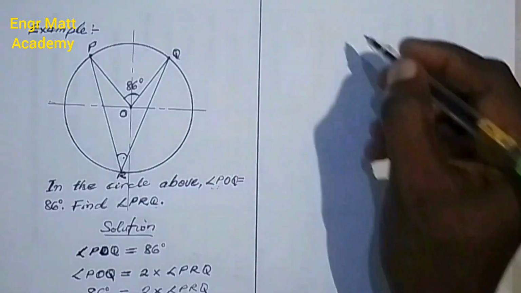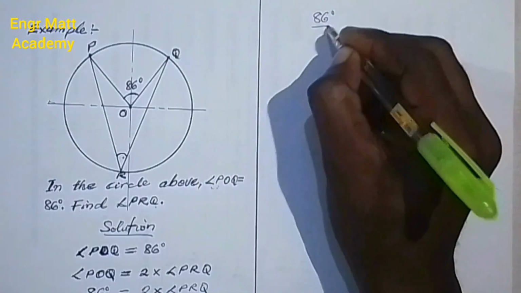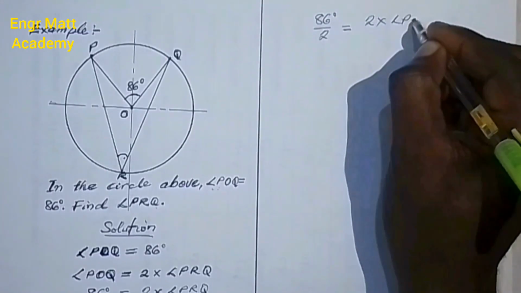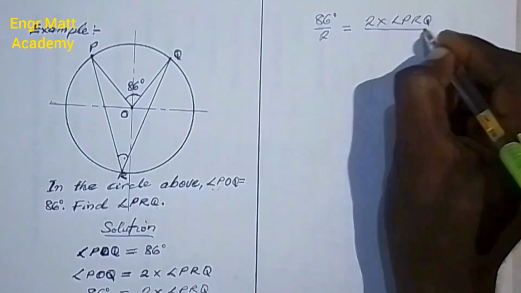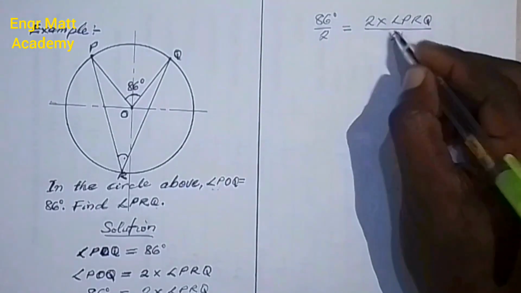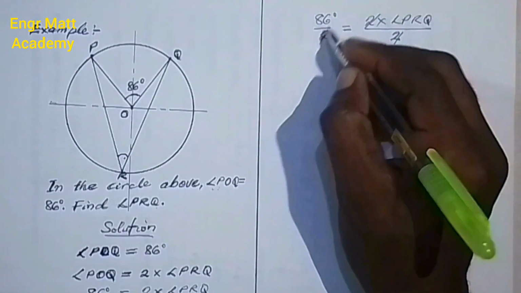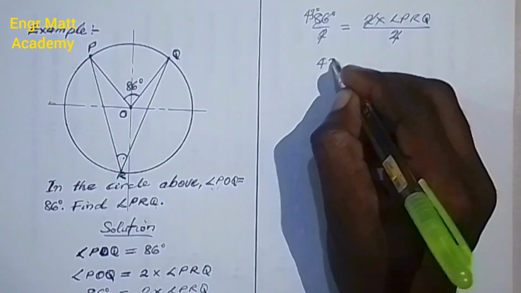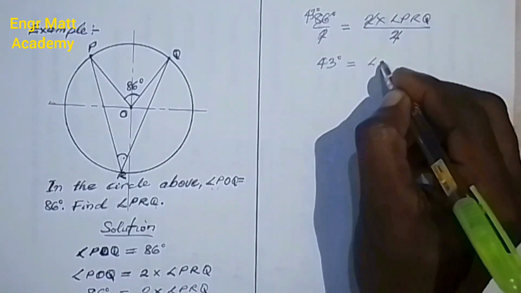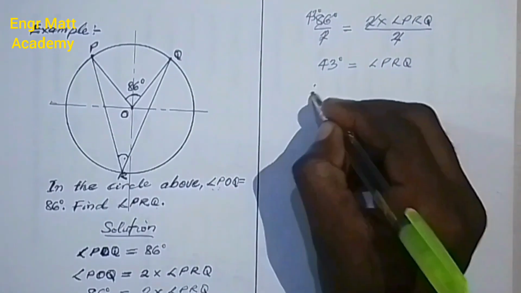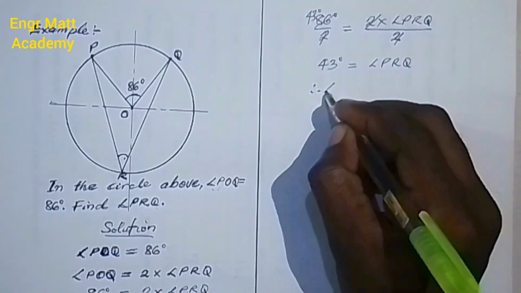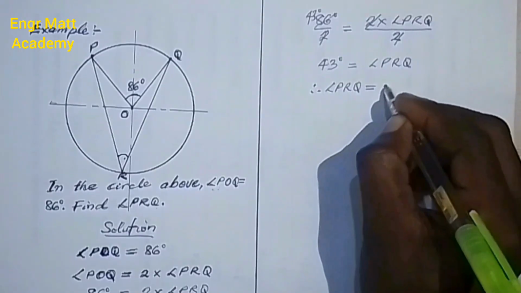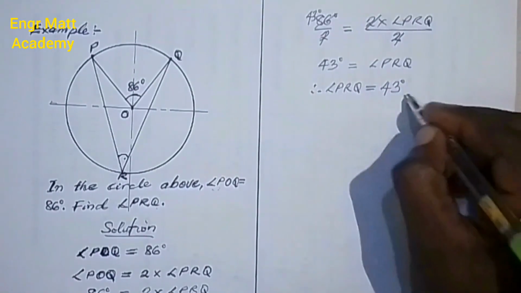By division. We say 86 degrees divided by 2 is equal to 2 times angle PRQ divided by 2. So we strike out 2, and 86 divided by 2 will give us 43 degrees. So we have 43 degrees equal to angle PRQ. Therefore, the required angle PRQ is equal to 43 degrees.